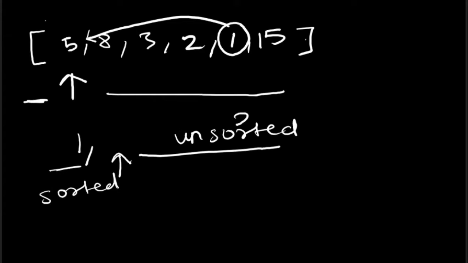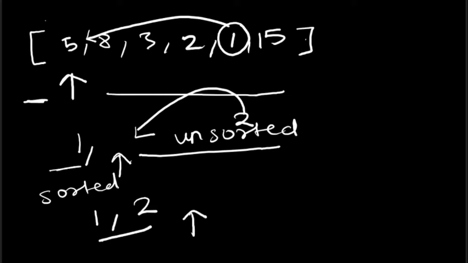Similarly, the next element 2 will come to this position and now the list would become 1 and 2. This is sorted, the pointer would go to the next element and this whole part is unsorted again. Similarly we can do this, and at last we would get a whole list which would be sorted.